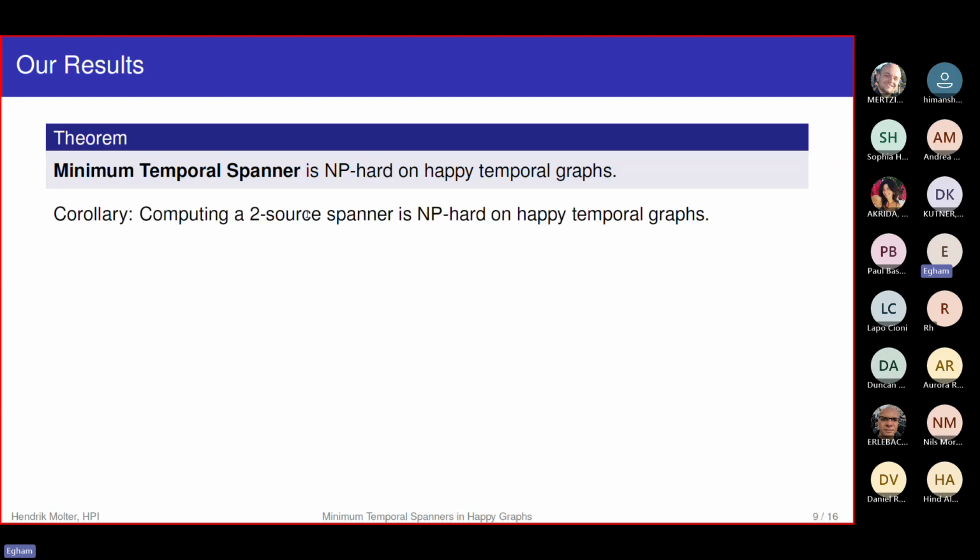As I already mentioned, our main result is that minimum temporal spanners are NP-hard on happy temporal graphs. As a corollary from the reduction, we also get that computing a two-source spanner, meaning that there are two vertices that should reach everybody else, is NP-hard on happy graphs, which was a bit surprising to us, even more so than that spanners are NP-hard.